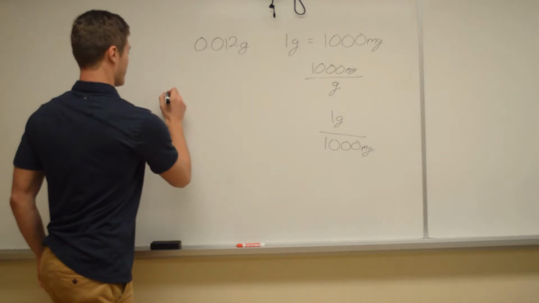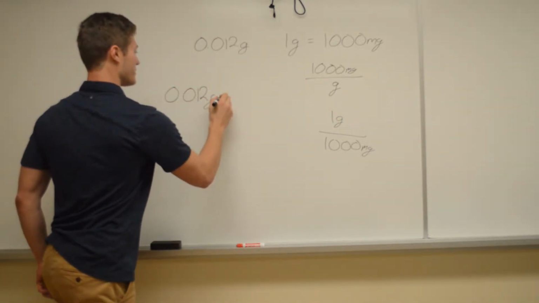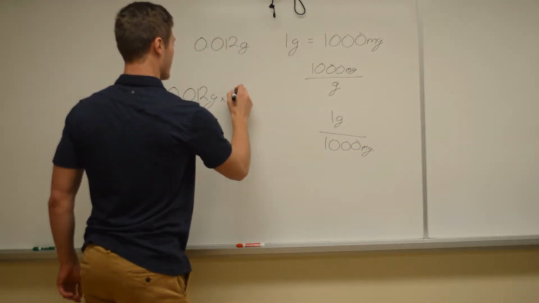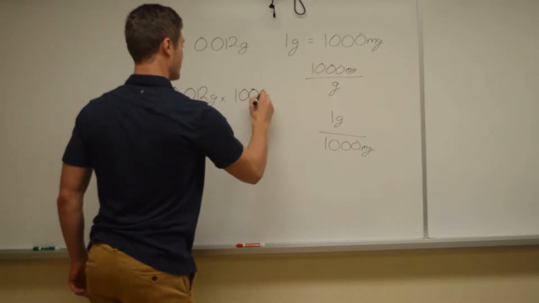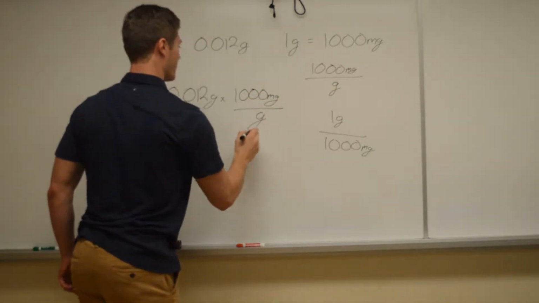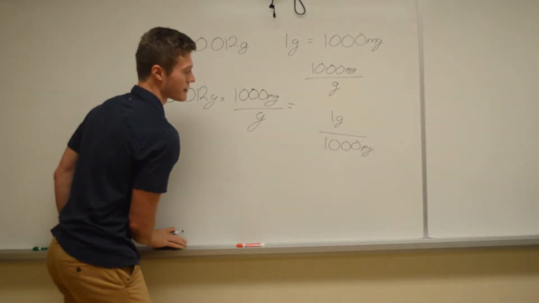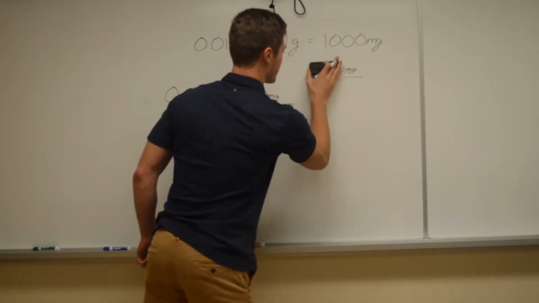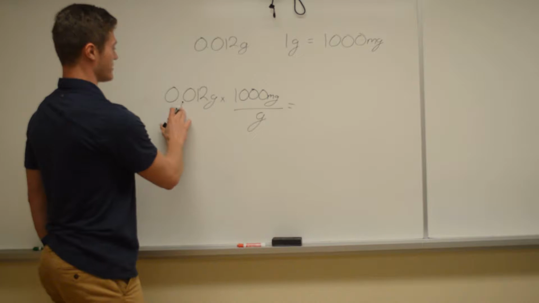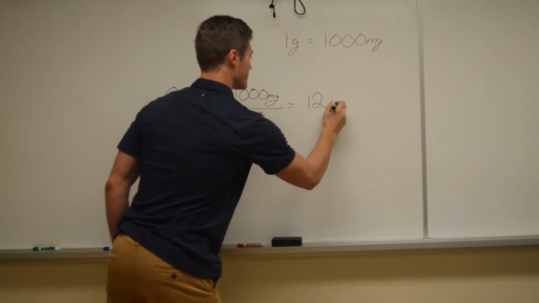We would say 0.012 grams multiplied by 1,000 milligrams over 1 gram is equal to 0.012 times 1,000, move your decimal over, is 12 milligrams.